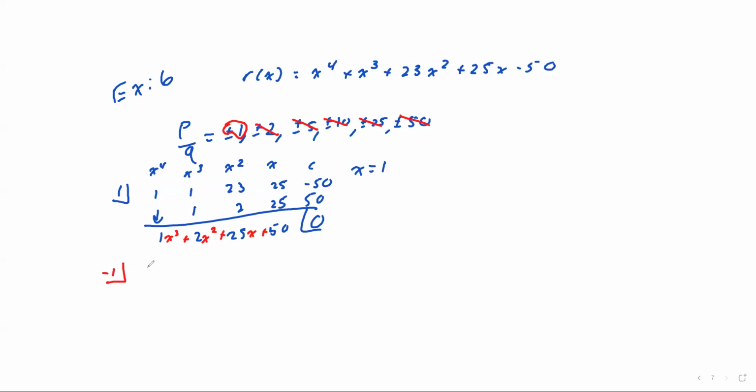What's that going to give me? So 1, 2, 25, 50. So again, I can use my new numbers. No, not quite. So that'd be negative 24, and then that would be a 26.